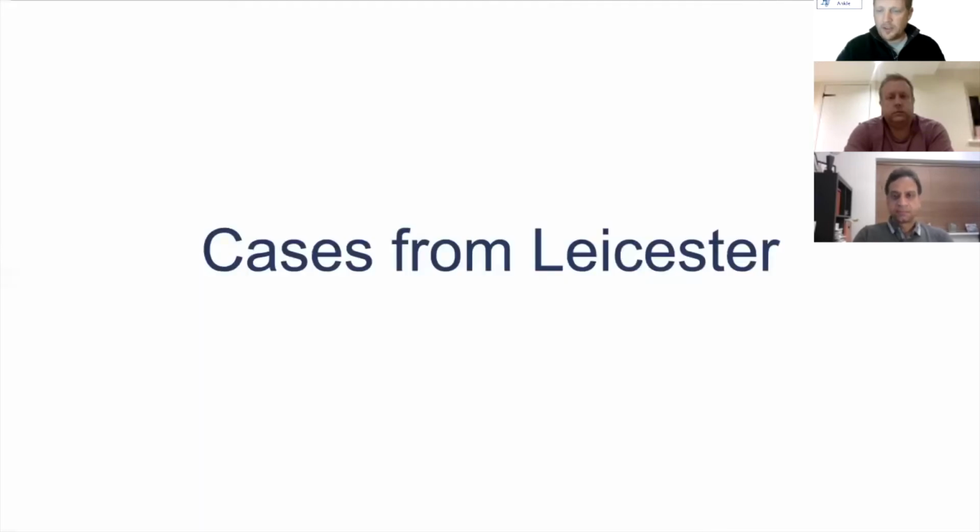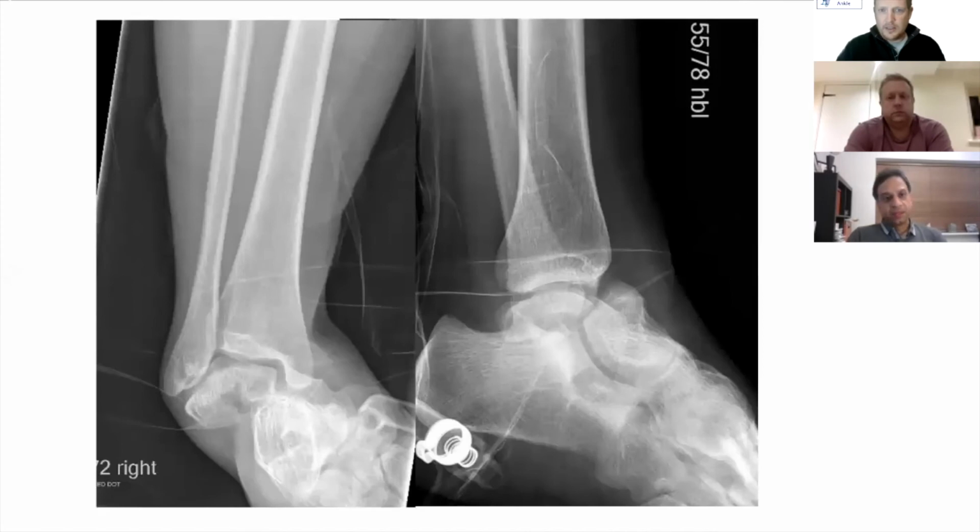These are your cases, Jit. Yeah. So this is a young patient who had a fall from a climbing wall, and as you can see, you've got a body fragment, and pretty much all of the subtalar joint is dislocated.